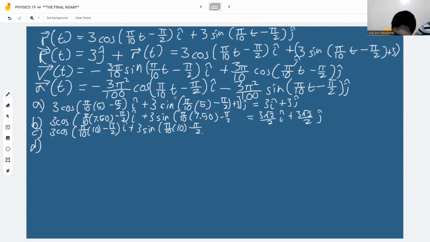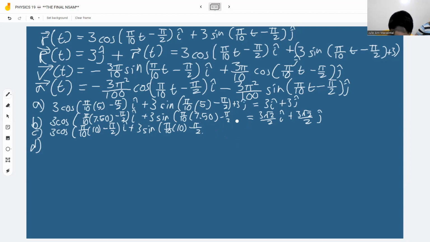Then teka, yung sign, ang nasa loob lang yan yung pi over 10 times... hindi dapat ang square bracket nasa labas ng sign. Kasi ang itsura niyan sign of... mo yung bracketing.